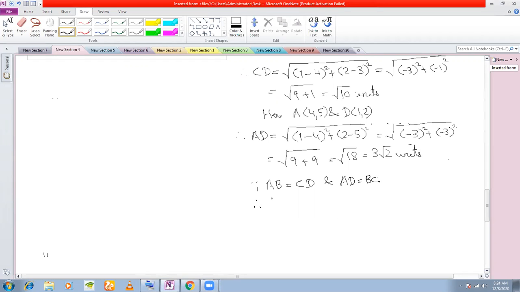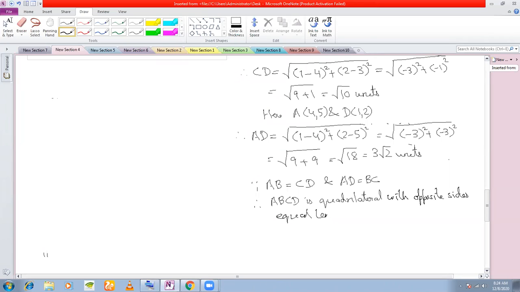therefore ABCD is a quadrilateral with opposite sides equal in length.